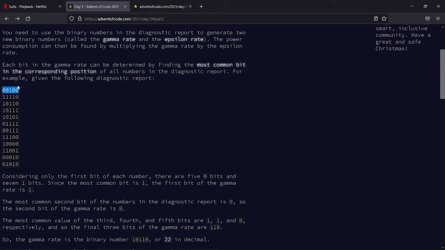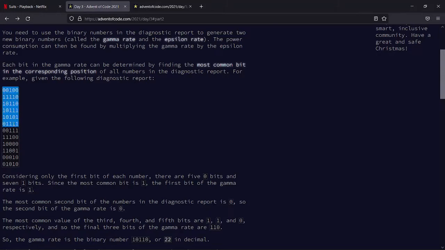So 5 characters, and for each position, we will go through the entire list of numbers which we have been given and try to find which number, either 0 or 1, has the maximum frequency at that particular index. And if it's 1, then the element at gamma at that index would be 1. If it's 0, then the element at gamma at that index would be 0.